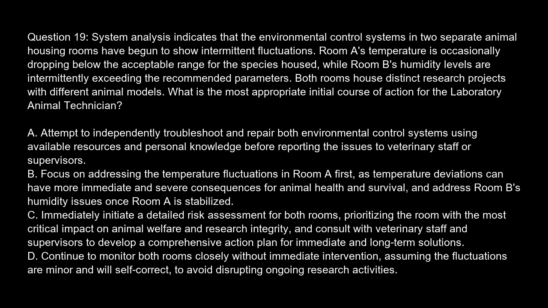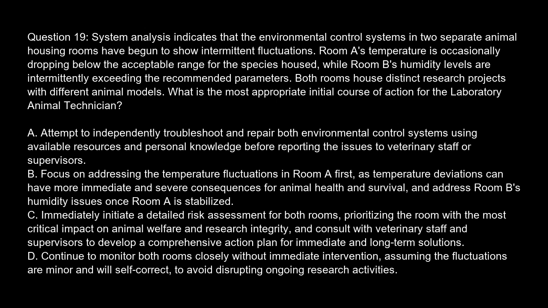Option A. Attempt to independently troubleshoot and repair both environmental control systems using available resources and personal knowledge before reporting the issues to veterinary staff or supervisors. Option B. Focus on addressing the temperature fluctuations in Room A first, as temperature deviations can have more immediate and severe consequences for animal health and survival, and address Room B's humidity issues once Room A is stabilized.